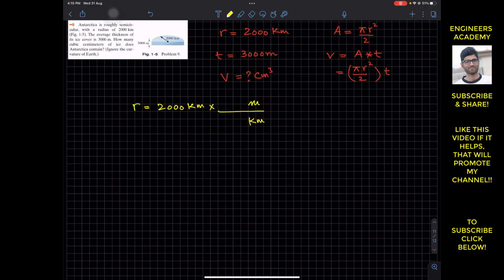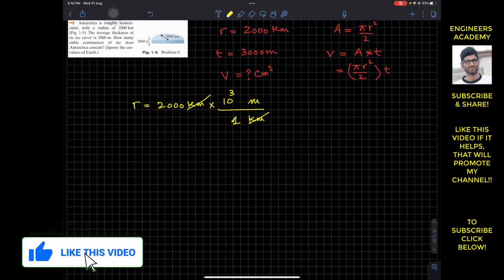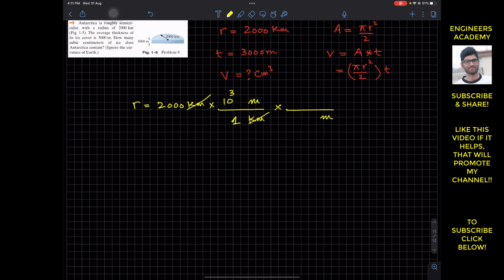We know that 1 kilometer is equal to 10 raised to the power 3 meters. So the kilometer cancels out, but we still have meters, and we want to convert this into centimeters. Again we cancel out the meters by writing meter in the denominator and centimeters in the numerator. 1 meter is equal to 100 centimeters, or 10 raised to the power 2 centimeters.